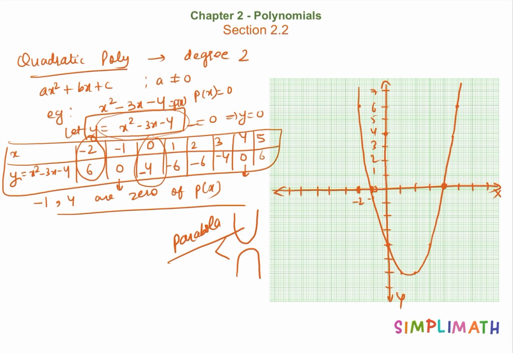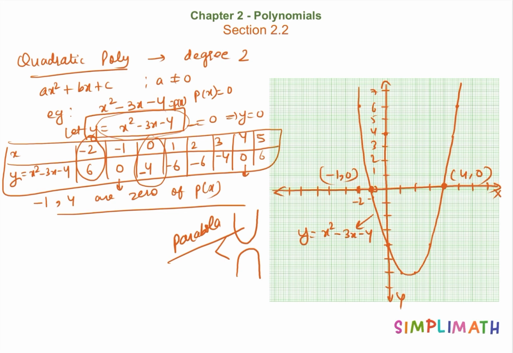We will understand those also, but for now let us understand this parabola. This is an upward shaped parabola and this graph is called the graph of x square minus 3x minus 4, and this intersects the x-axis at which points? At minus 1 comma 0 and 4 comma 0.